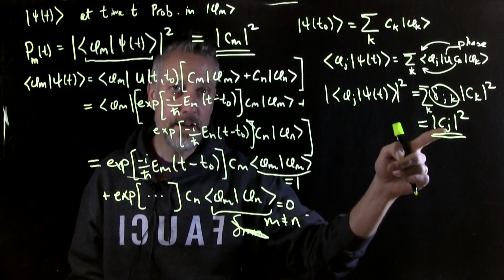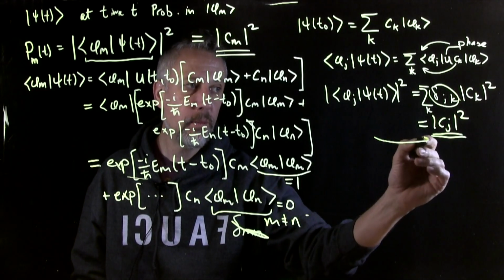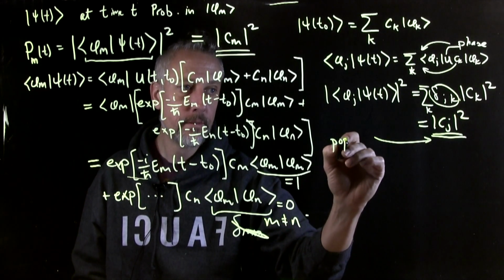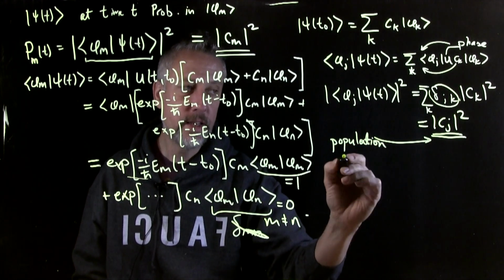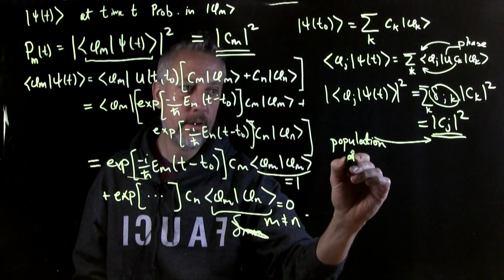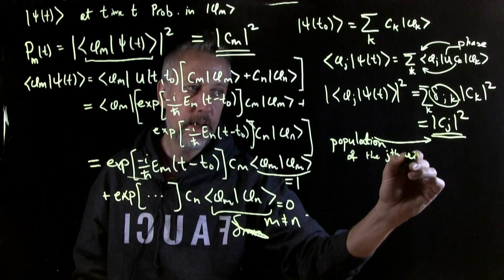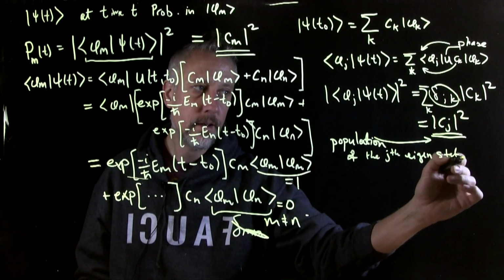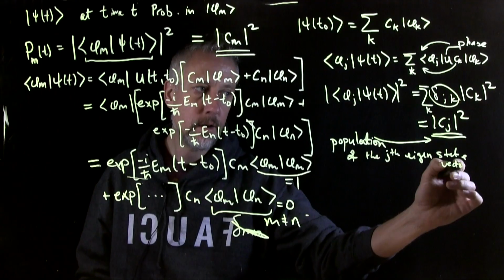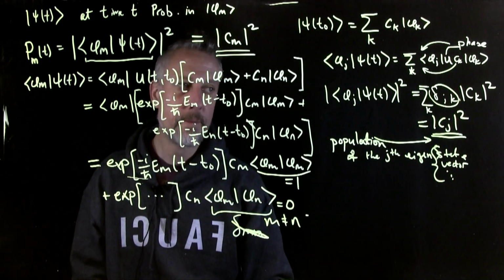Now this is going to have a name. I'll just tell it to you now. This is going to be called the population. You would say the population of the jth eigenstate, vector, whatever you want to call it, all the terms that we kind of use interchangeably.